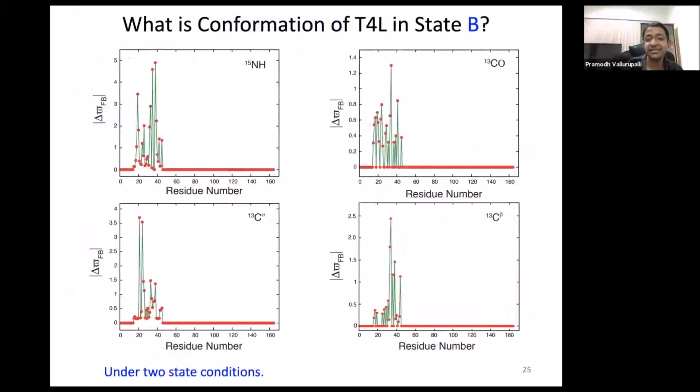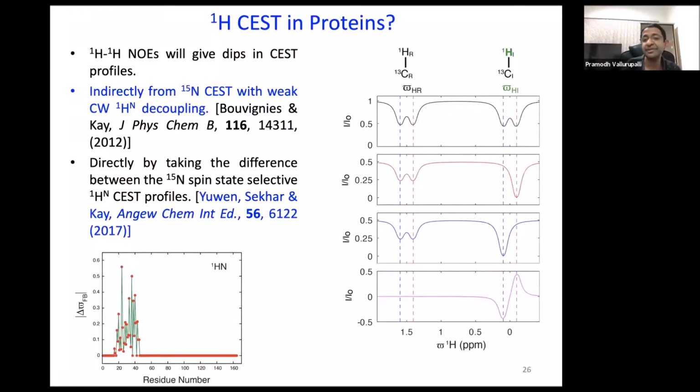So in these proton CEST experiments, at least the main worry is that if there is another proton that resonates in this region, you will see a dip due to that, and you will attribute that to a minor state.